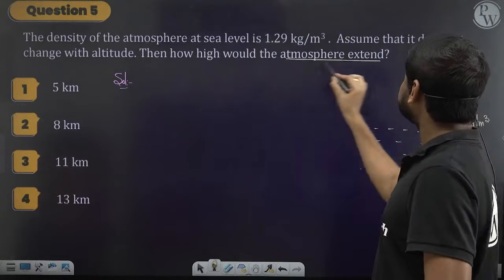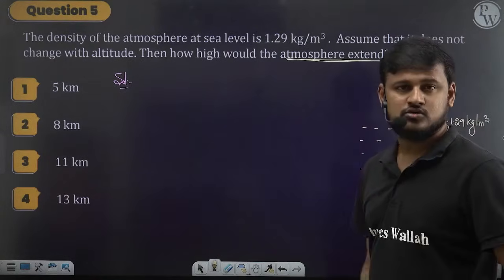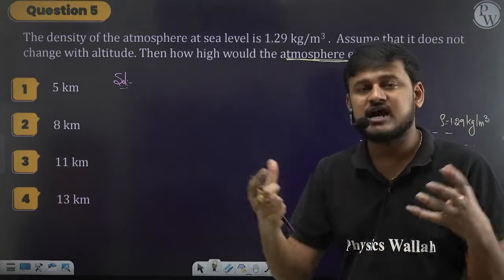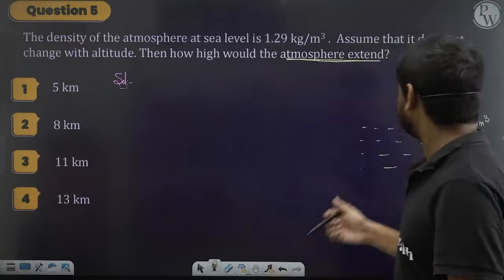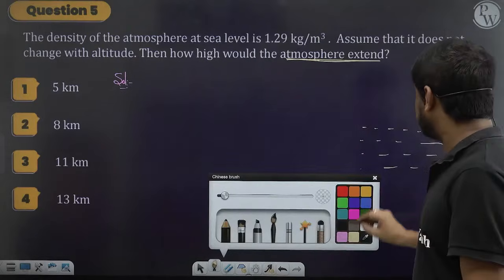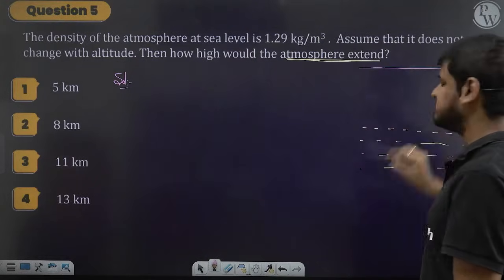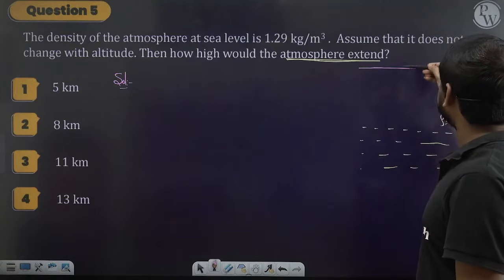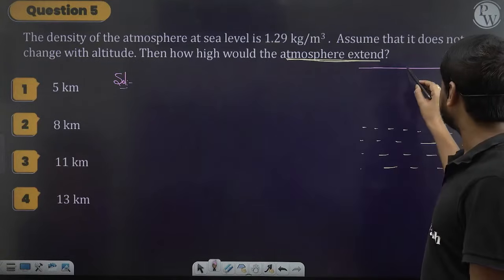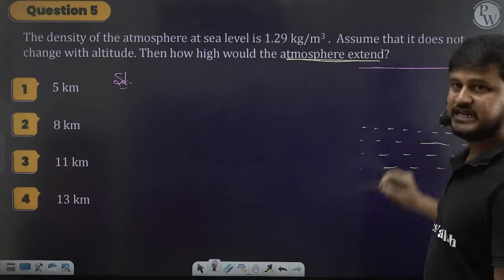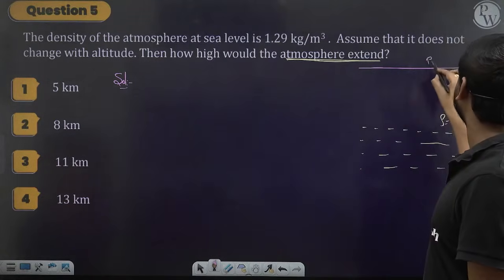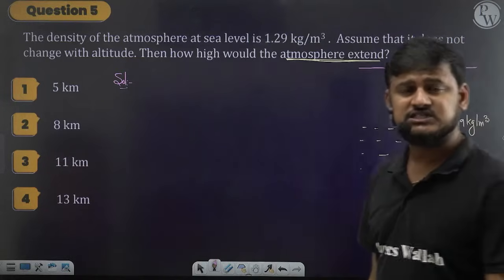The atmosphere extending means till what altitude the atmosphere exists. Let's consider that till here the atmosphere exists. Beyond this line the atmosphere is not there, which means the pressure is 0 there.